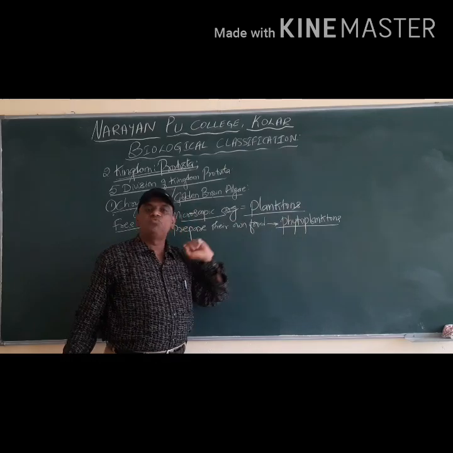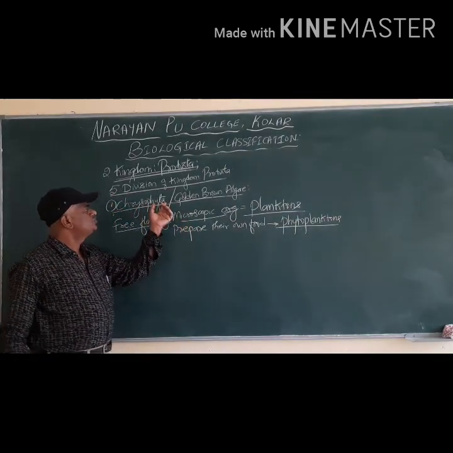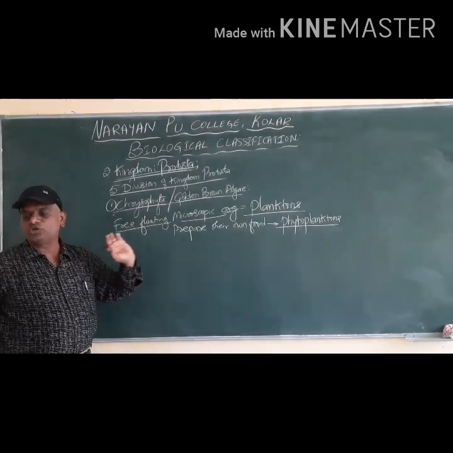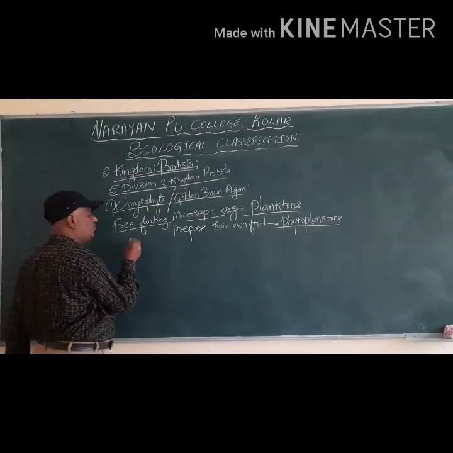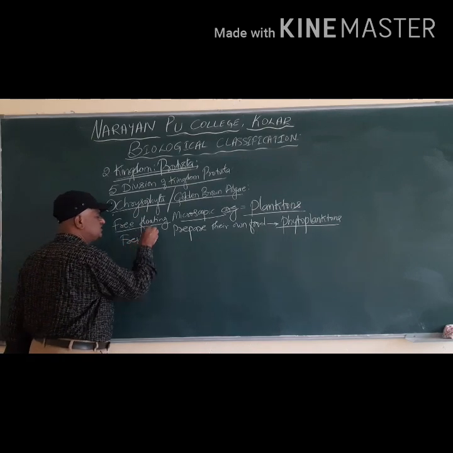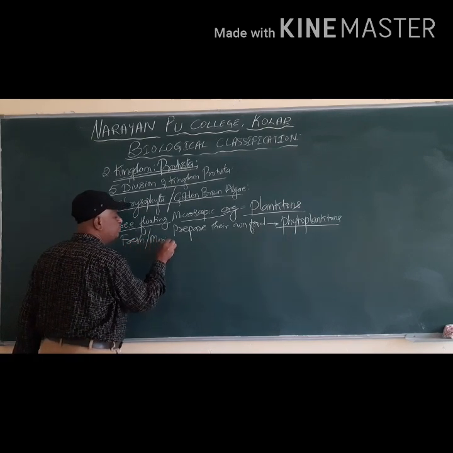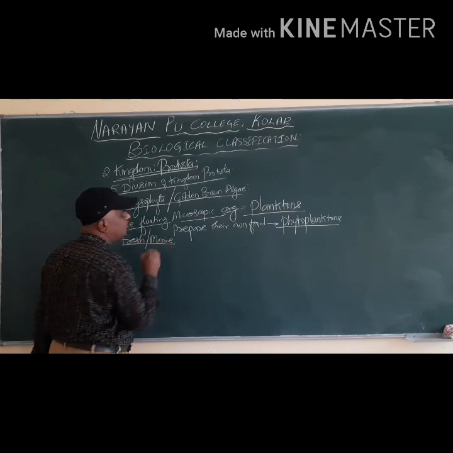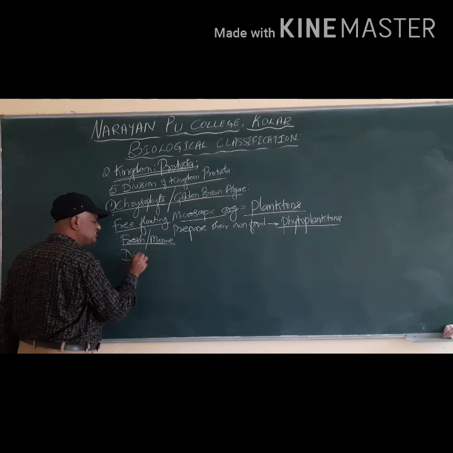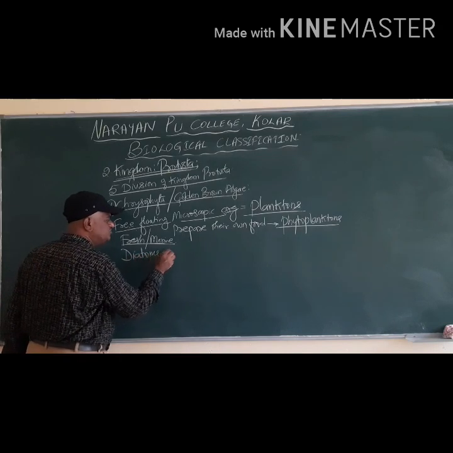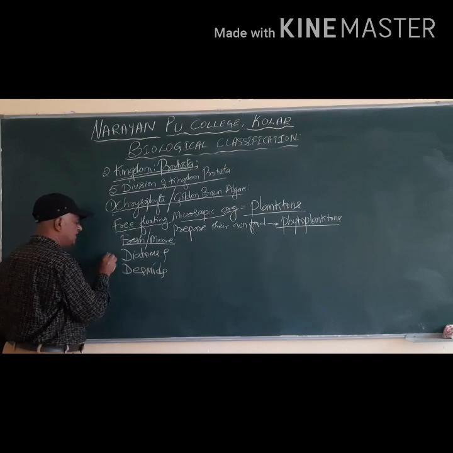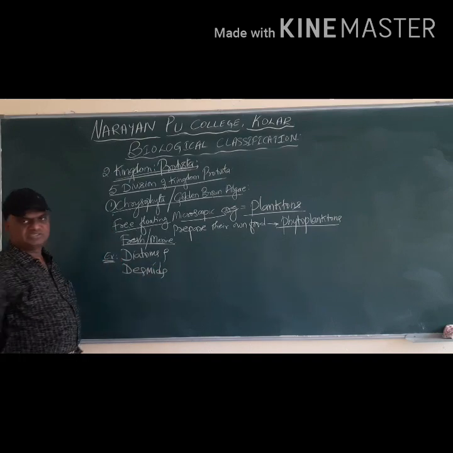Hence they are called phytoplanktons. So the blue-green algae are phytoplanktons. These are present both in fresh water as well as in marine water. The examples coming under this are diatoms and desmids.